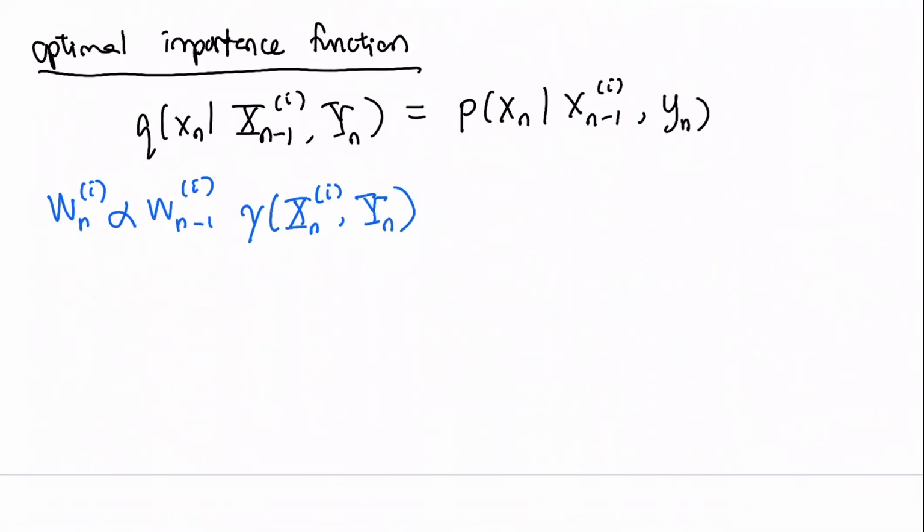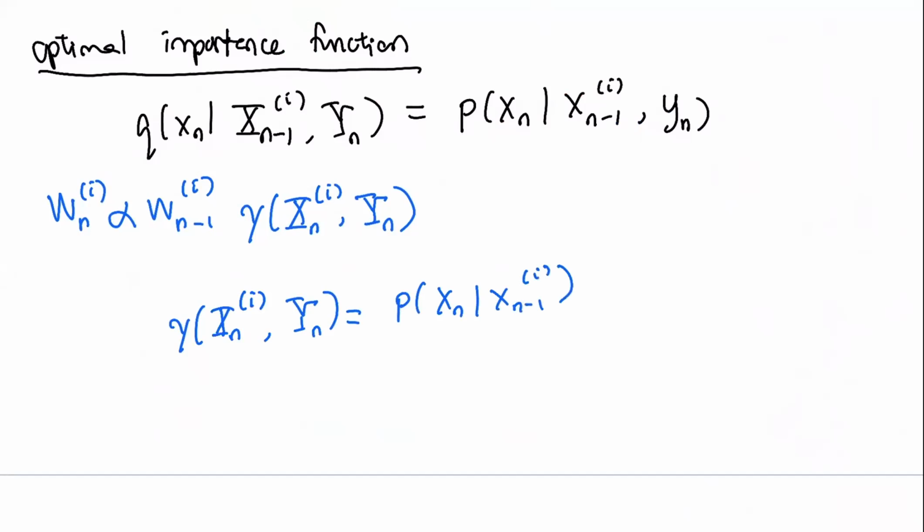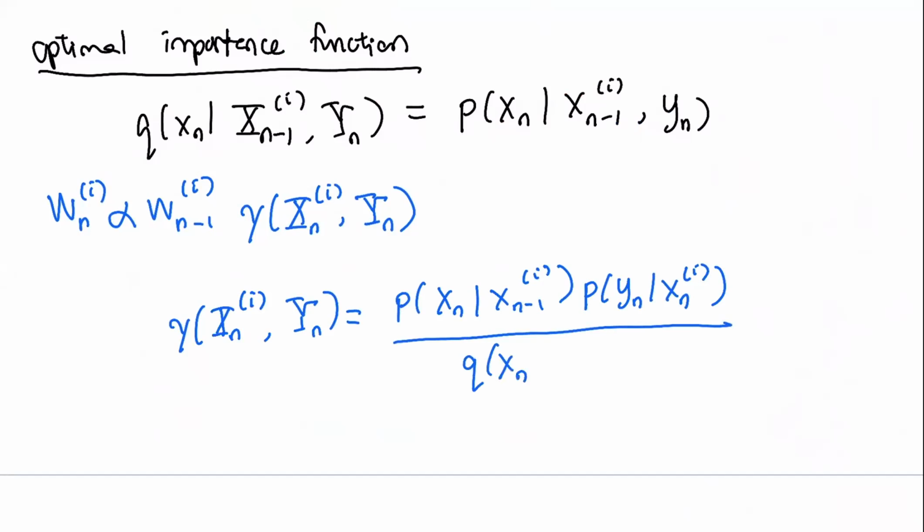So this thing in general is, sorry, the state transition times the likelihood divided by the importance function.